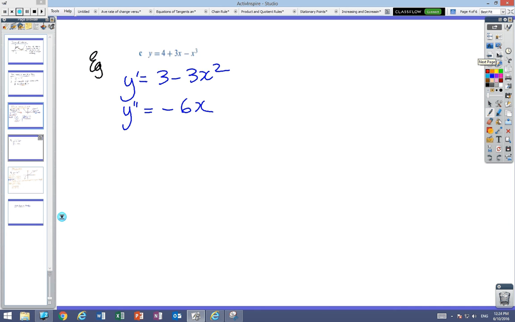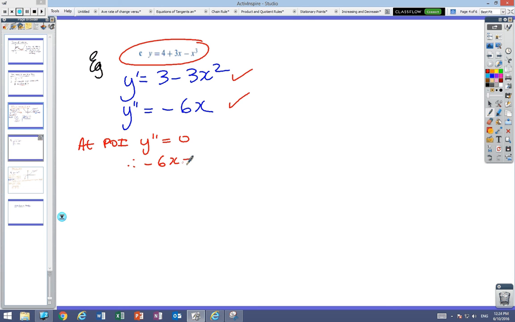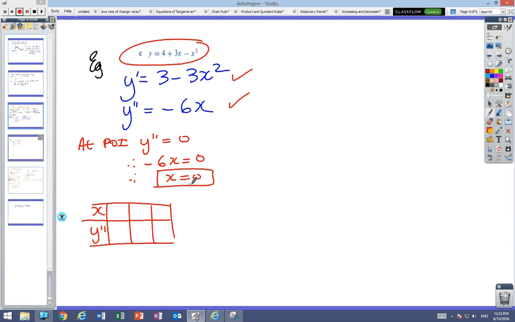Okay, so we've done this one before. So I've done the first derivative and I've done the second derivative. So at a POI, y double dash equals 0. So minus 6x equals 0, so x equals 0. So I've still got a 0 answer, but now let's look at the second test. So x and y double dash. So 0 is the magic number, so something to the left, something to the right.